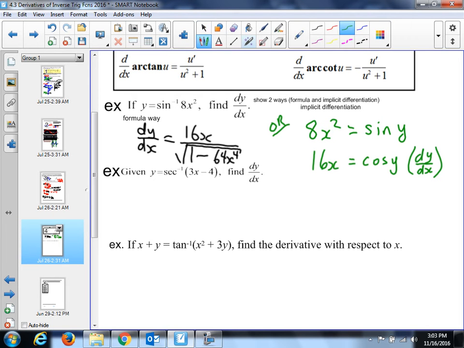So 16, I guess I'll first isolate, my mistake here, I'll isolate for dy by dx. Depending on what your problem is, this might be enough, and you wouldn't even go any further if you could substitute something in. But we will assume maybe we don't. So, we know that 1 minus sine squared under a root sign is the same expression. We worked that out before.